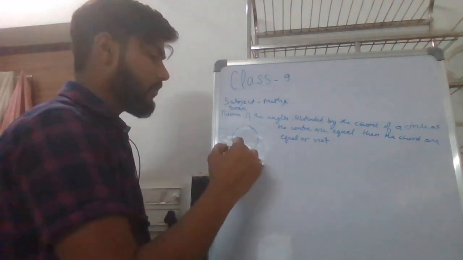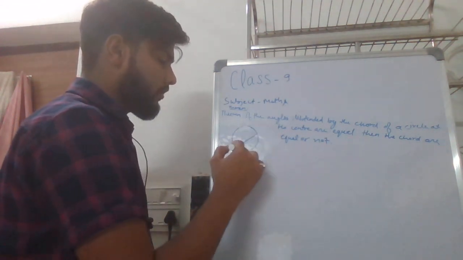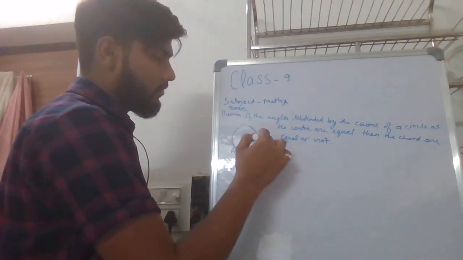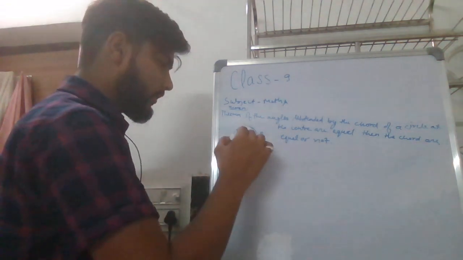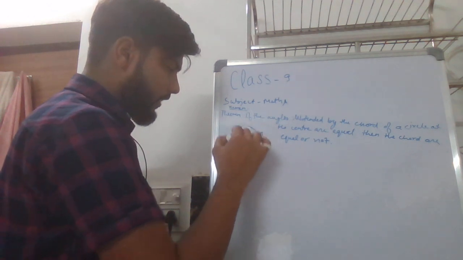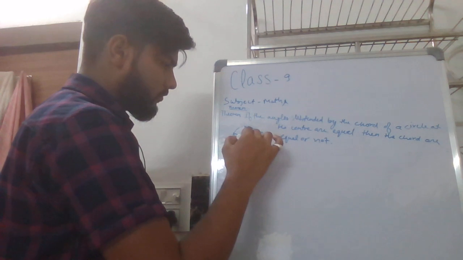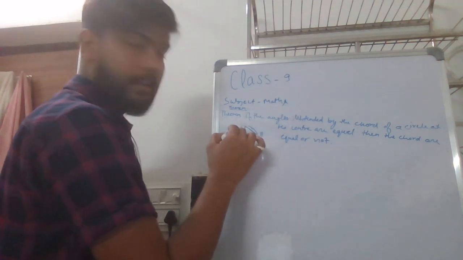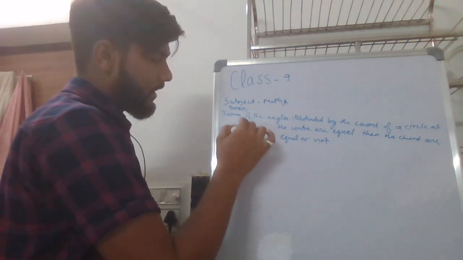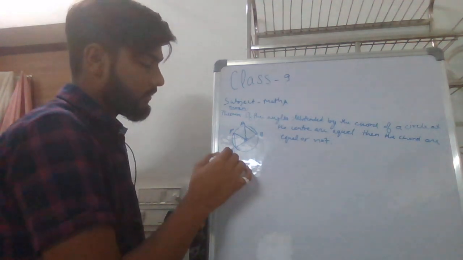Then I will make one chord AB. Then from here, I will make one triangle like this. We can name it P, and this can be Q.